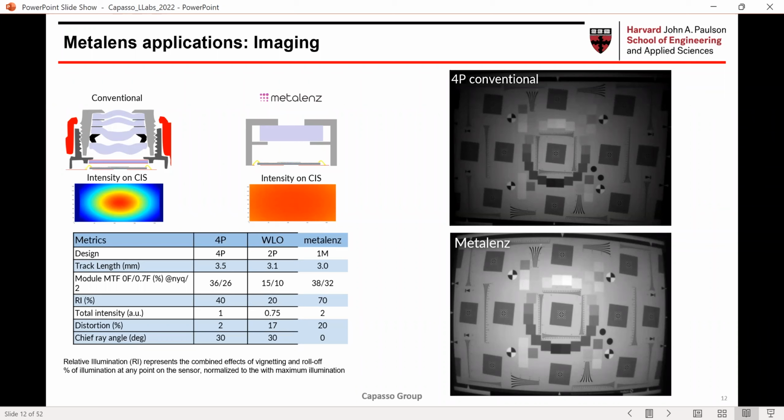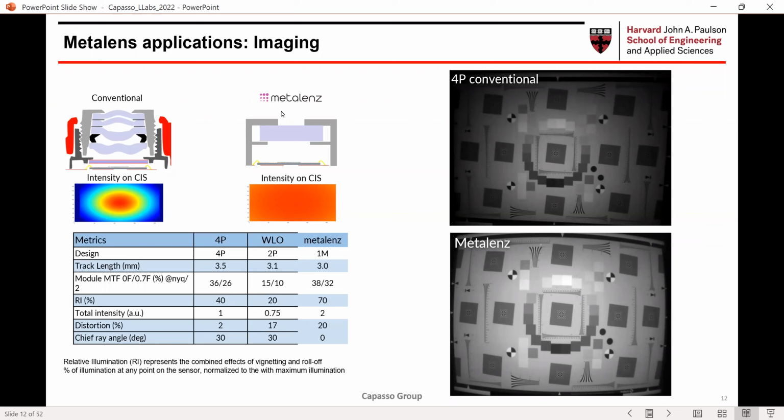And what you can see is that the intensity tapers off as you go to the edge. This is physics. There is no way around it with refractive optics, unless you decide to make a monstrous complication. Basically, the intensity will fade away. So you can see to the right, with the four plastic lenses, the intensity fading.